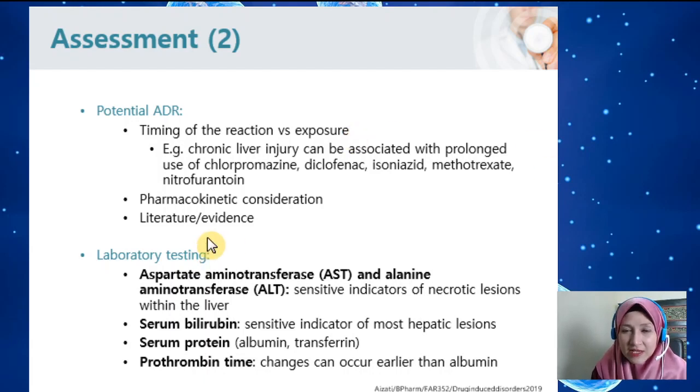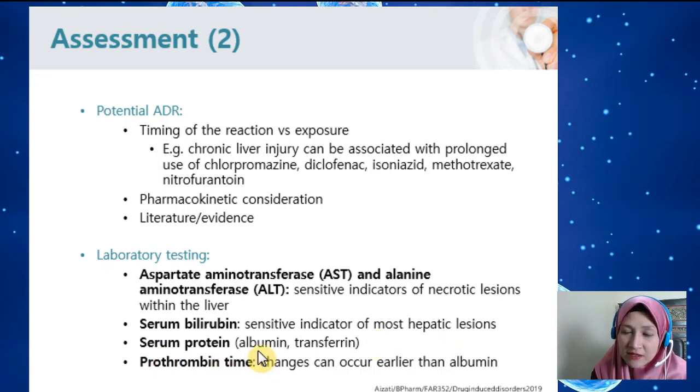So, is there any previous evidence or literature that indicates that your suspected drug is affecting the liver or causing this liver injury? Lab testing includes AST and ALT, and these are sensitive indicators of necrotic lesions. And serum bilirubin is also a sensitive indicator for hepatic lesions.